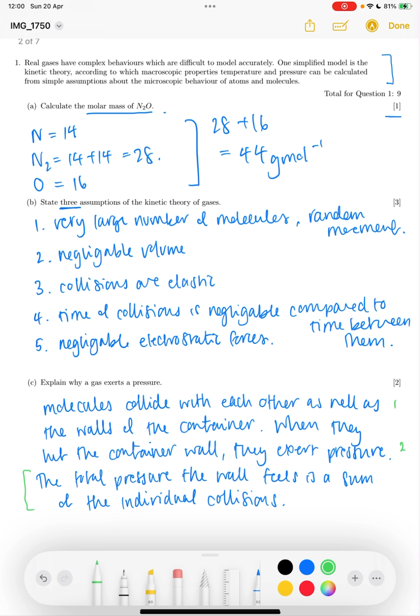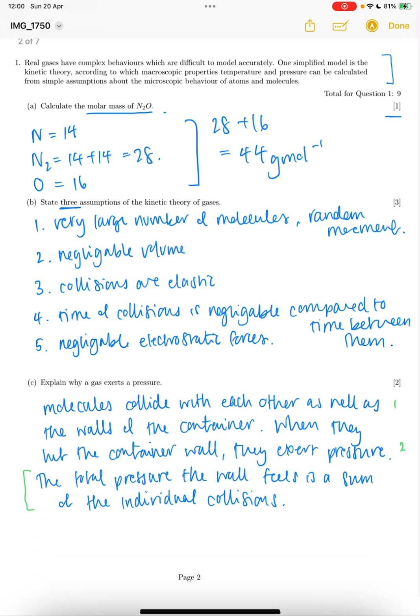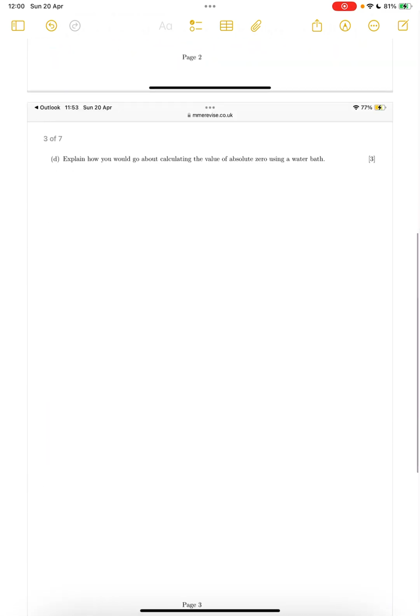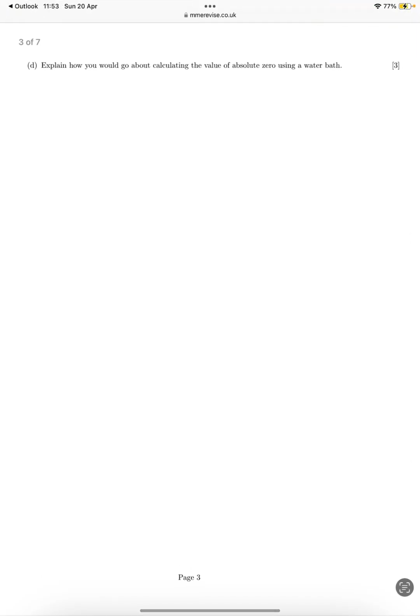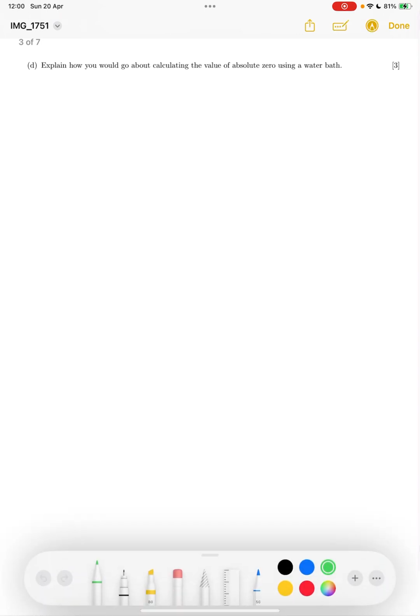There is one more question. Explain how you would go about calculating the value of absolute zero using a water bath. Now, this actually isn't spoken about in the video, but we can work it out together. It's also a 3 marker and it's a wordy question. Now, if we have a water bath, I am not opposed to using drawings to help you in your exam.